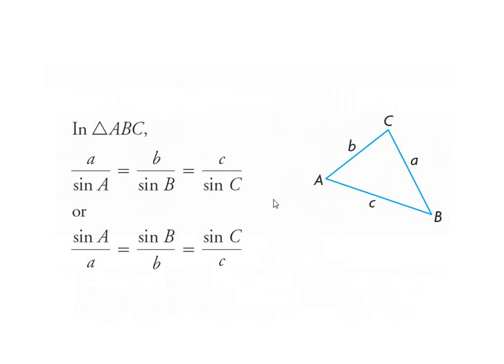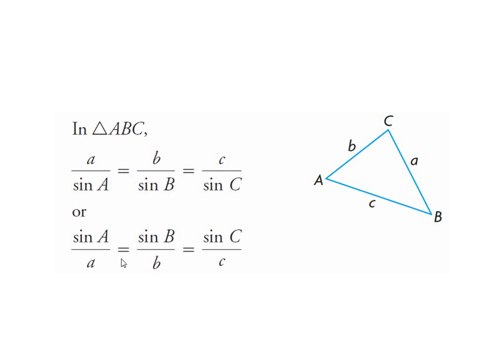So the second part of trigonometry is the sine law. Okay, this is the sine law. So what is the sine law? The sine law is that in a given triangle, a over sine A is equal to b over sine B, and this is also equal to c over sine C. All these fractions can be simultaneously flipped.